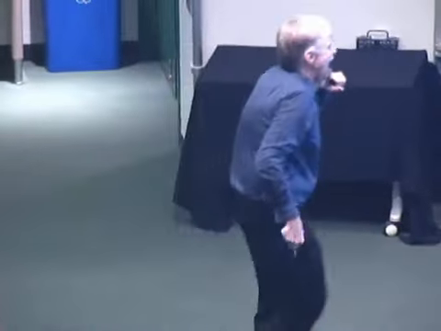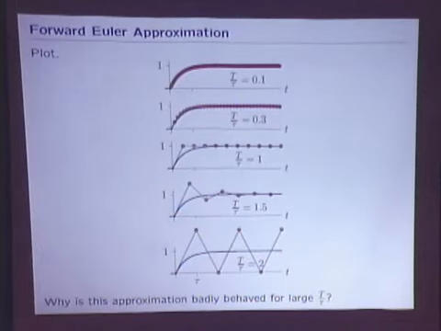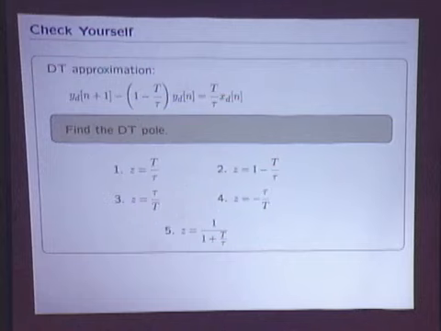Why is it that the approximation worked well and didn't work well? I mean, it's intuitively clear that that's what you should have done, but we'd like to be a little more formal and a little more quantitative. What was it that went wrong? So to get some insight, let's figure out the pole for the DT system.